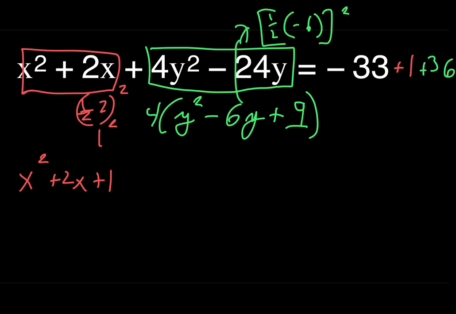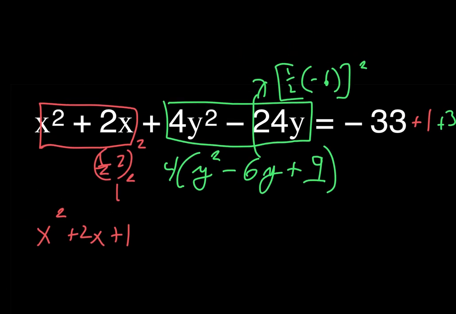And if you're wondering, what is he talking about? Up here, I'm going to move everything down here for a second. If I had 4y squared minus 24y plus 36, and then I factored a 4 out of each of them, I would have 4 times parenthesis y squared.